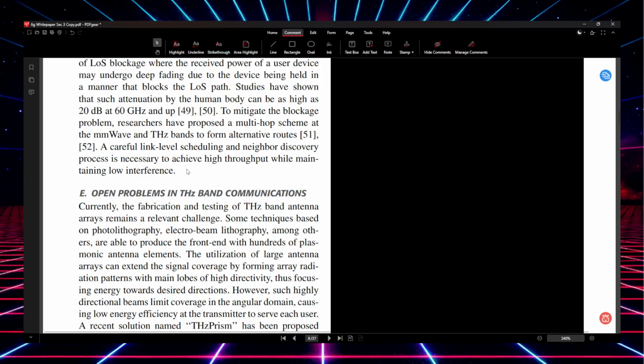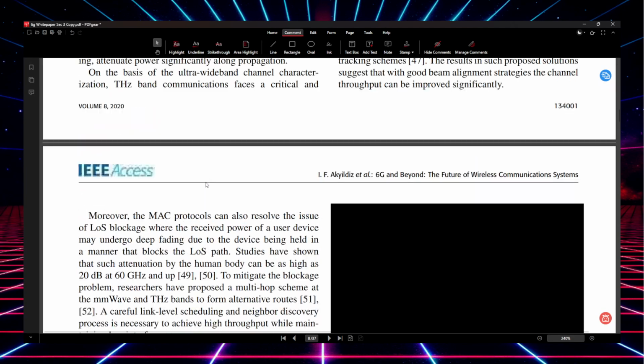So instead of this just being researched, I'm starting to see this come out to market. And I think in 2026, this upcoming year, we're going to see a whole lot more of that. And so keep that in the back of your mind.